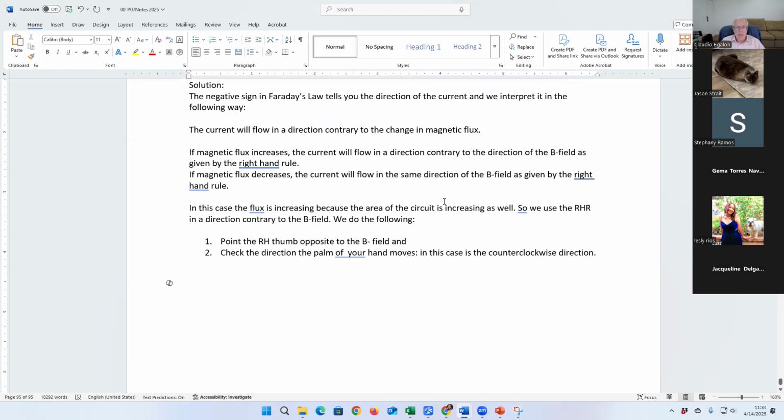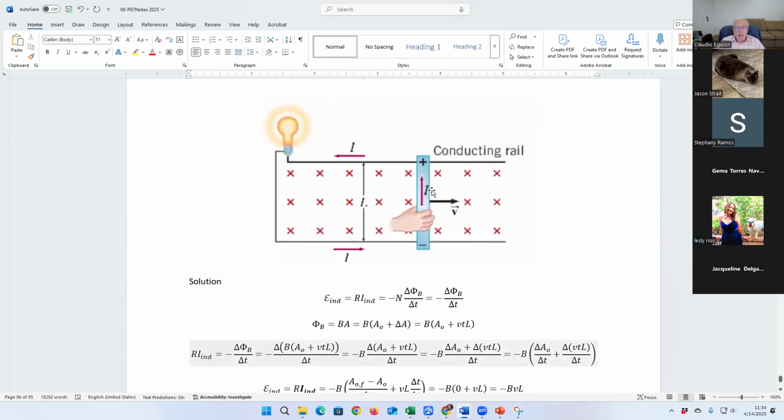Okay, and if the bar starts moving towards the lamp, it's going to decrease the area. Consequently, the current must move in the clockwise direction to help the magnetic flux. As the magnetic flux decreases, the current should flow in a direction to help the magnetic flux.